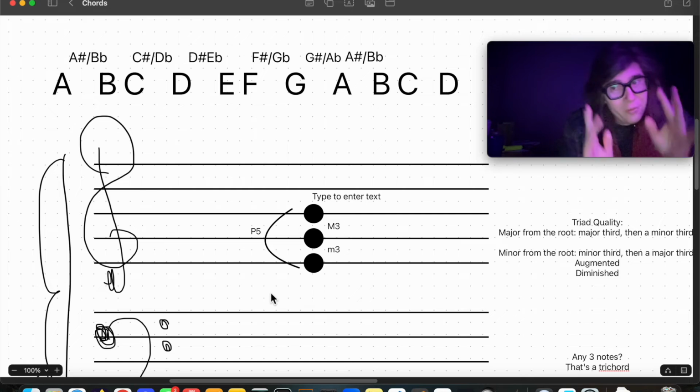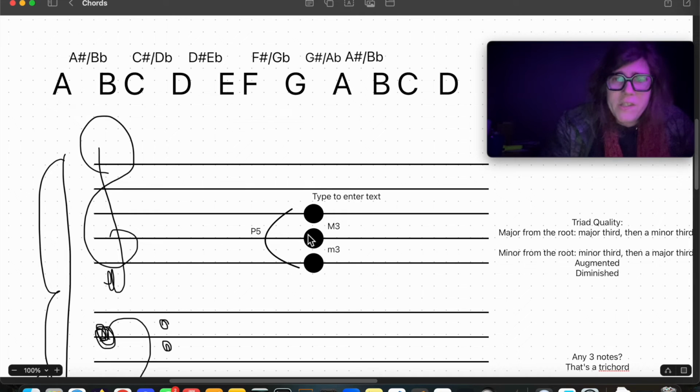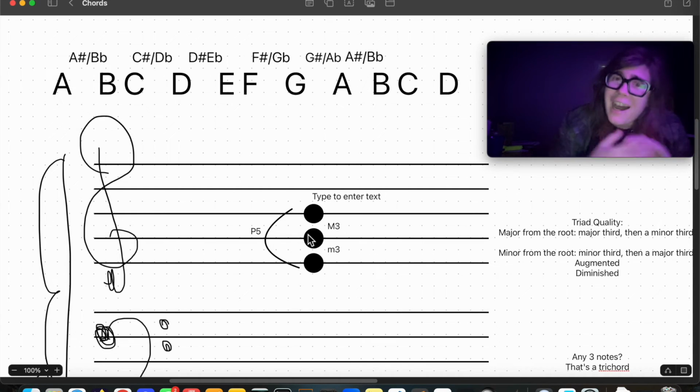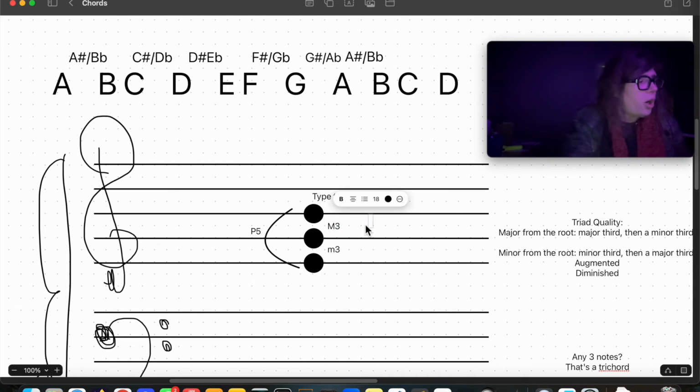Hey, before I move on, the next two, check it out. I can change this minor triad into a major triad by changing one note. Not changing the letter it is, but adding something to it. What if I raise this middle note by adding a sharp?